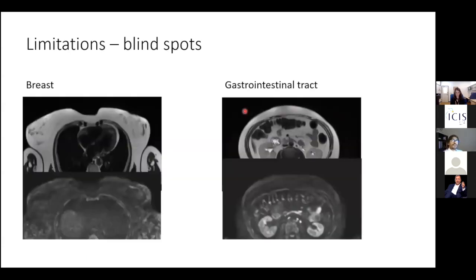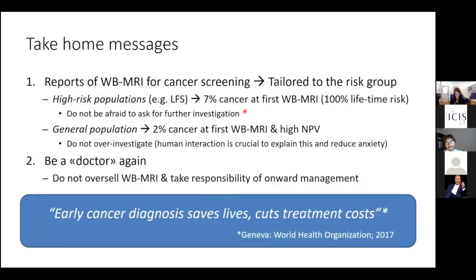There are, of course, limitations in whole body MRI for cancer screening. I stress the point that we do not perform whole body MRI for screening breast cancer. For that, we have mammography. So we do not see very well, it's a blind spot, as well as the gastrointestinal tract. We have colonoscopy. So with whole body MRI, we may miss cancers in the gastrointestinal tract.